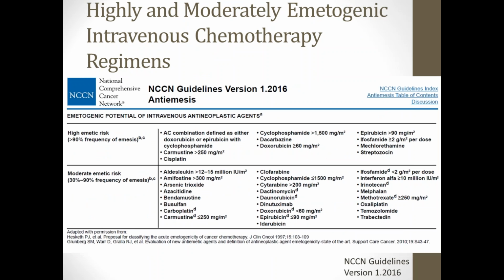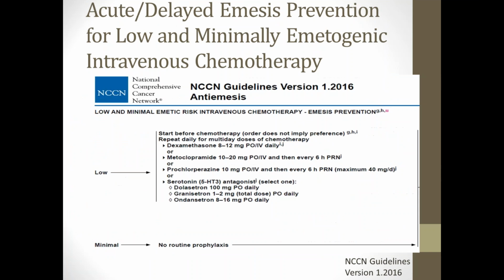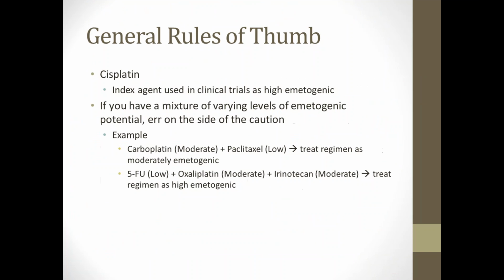The next thing I wanted to talk about is, while I showed you these charts of how the NCCN individually categorizes each drug, high, moderate, low, minimal, most of our chemotherapy regimens are combinations of 2, 3, possibly 4 agents. So I just want to give an example of what one should do if you're confronted with a multi-agent chemotherapy regimen.